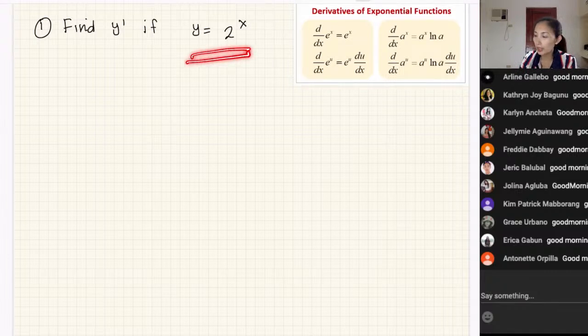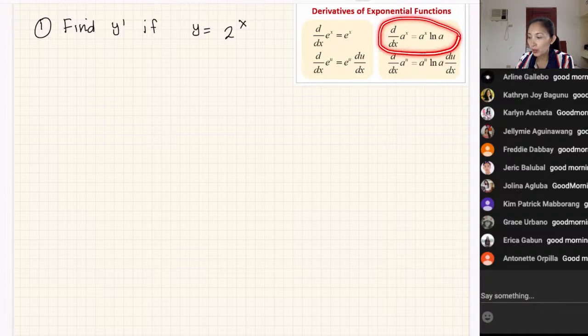So, obviously, this is of the second form. It belongs to the second form because its base is 2 and not e. So, this one is of the form a raised to x. So, simply differentiate this by applying the rule.